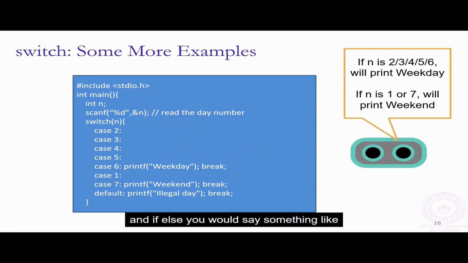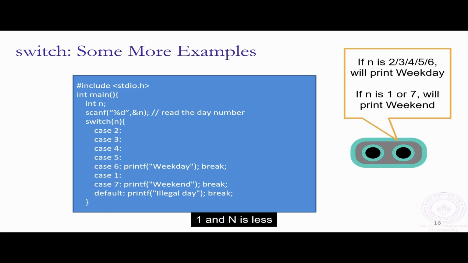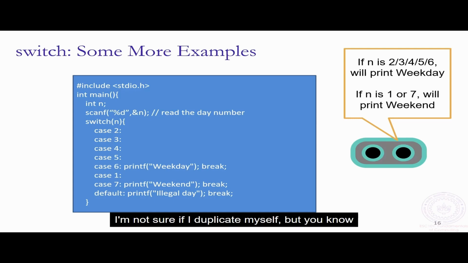In if else, you would say something like, if n is greater than 1 and n is less than 7, print weekday. Else, if n is equal to 1 or n equals 7, print weekend. I'm not sure if I duplicated myself, but you know what I mean.